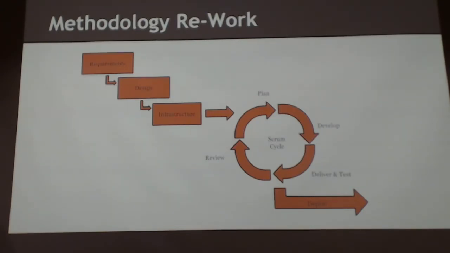So the infrastructure stage represents setting up repositories and servers and things like that. And during the implementation, however, we will stick to the original plan of a Scrum cycle where we plan, develop, deliver and test, and then review. And we're hoping that that saves us from delivering a product that would be unsatisfactory.